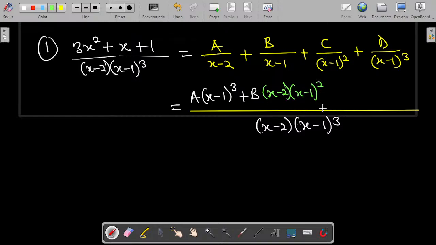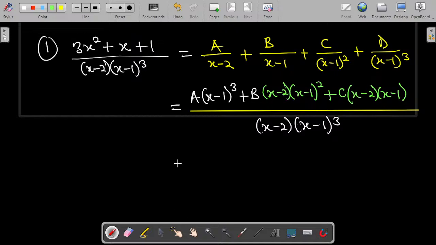I should have shifted this in a little bit, but let's go on. So you bring down your c. And then here now, x minus 1 raised to power 2 will divide. It will cancel 2 here. 1 will remain together with this one. So you have x minus 2 into x minus 1.